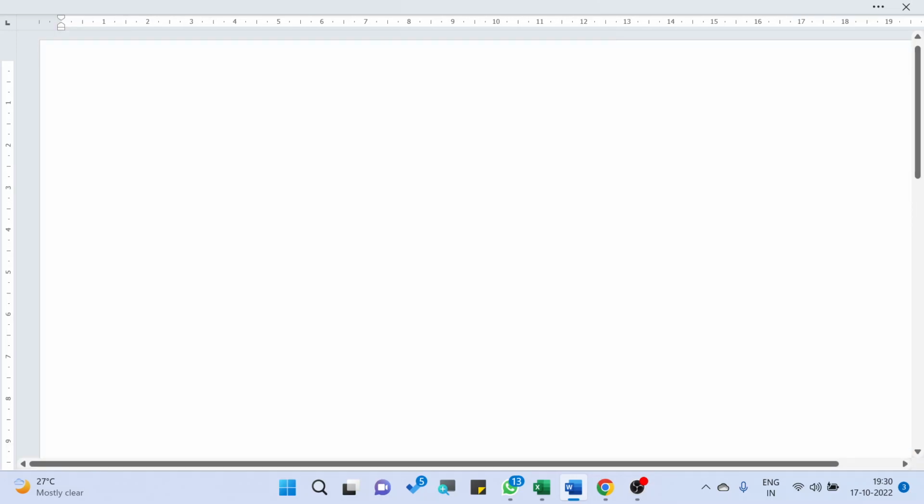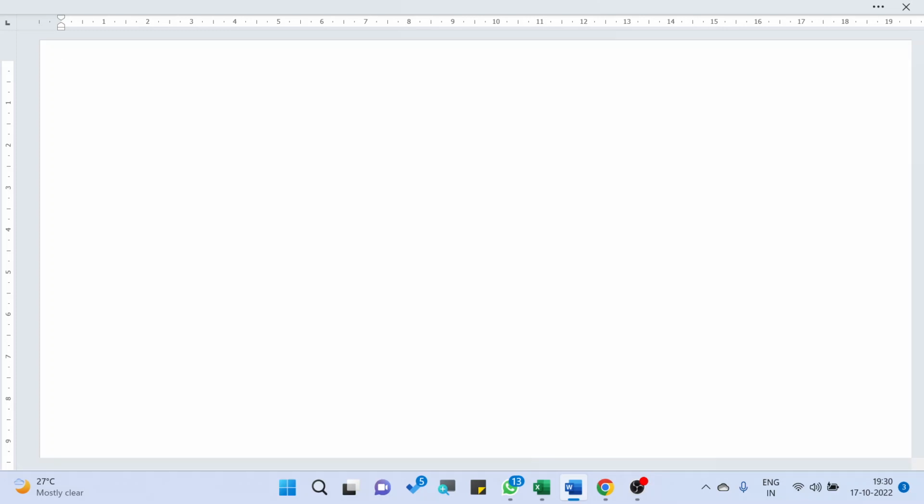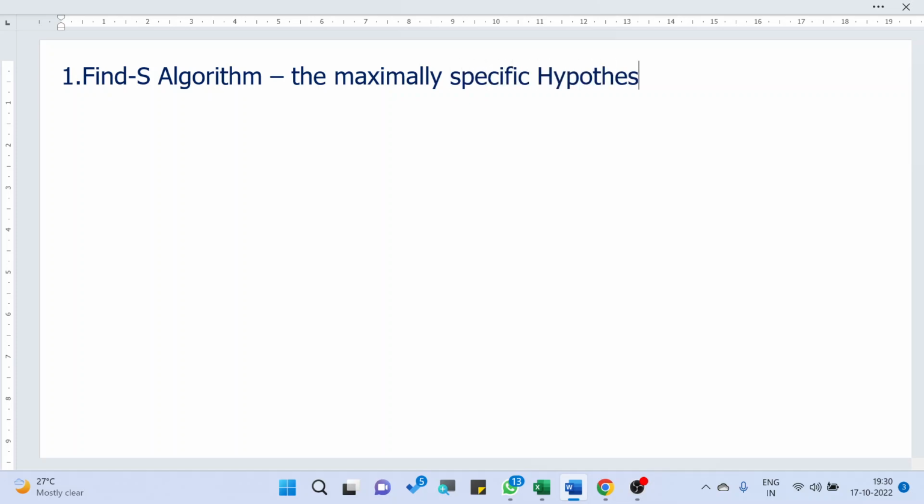In the previous classes we have seen that to propose a hypothesis we used the Find-S algorithm, which proposes the maximally specific hypothesis.